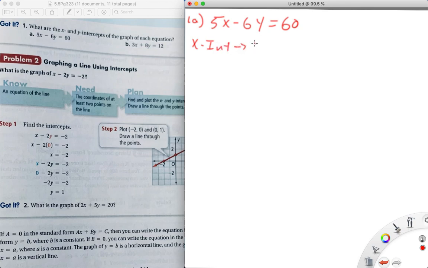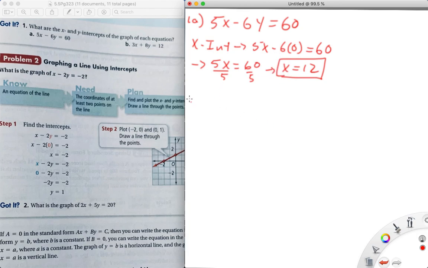We'll do 5x minus 6 times y, and y is 0, right? X when y is 0 equals 60. So then that's 5x equals 60, divided by 5, and that's x equals 12. So then the x-intercept is 12.